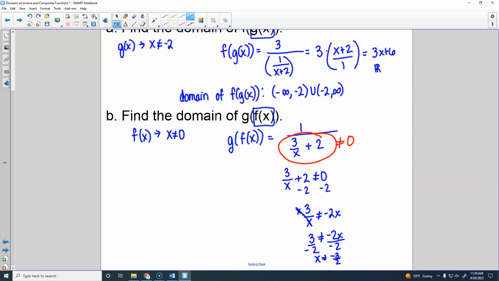So this one is an example of what you were asking earlier. The reason we got to check that second one is because we ended up with a second restriction on this, right? So for f of g of x, our domain would need to be x cannot equal 0 and x cannot equal negative 3/2. Oops, sorry, wrote it backwards.